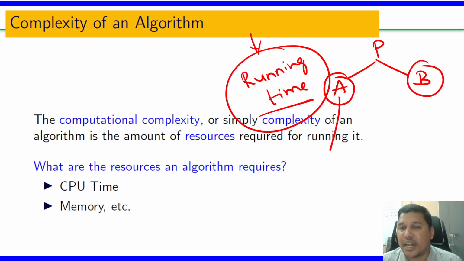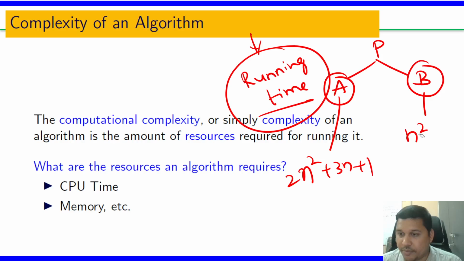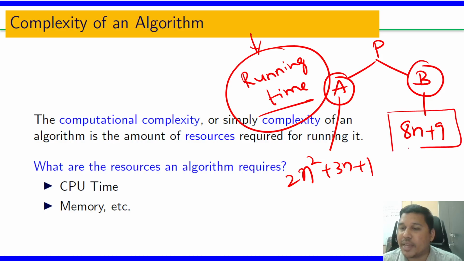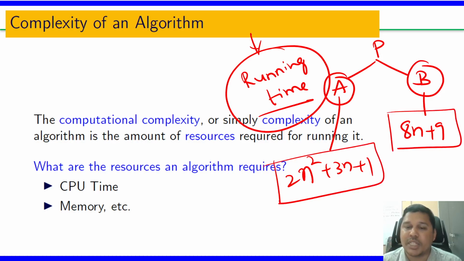For example, the running time of algorithm A is 2n square plus 3n plus 1. The running time of algorithm B, let me take a simple one, is 8n plus 9. These two are the running times of algorithm A and algorithm B. Now, can you tell which algorithm is best?